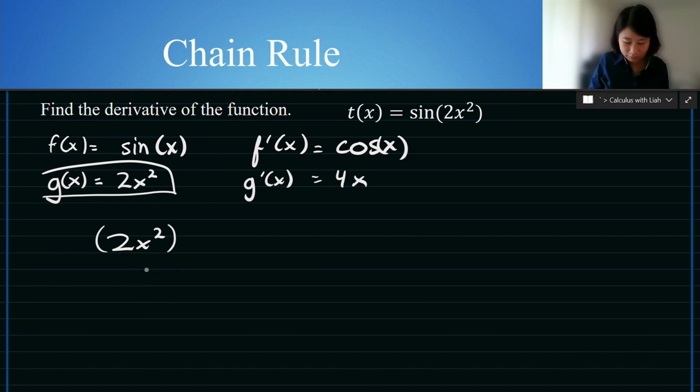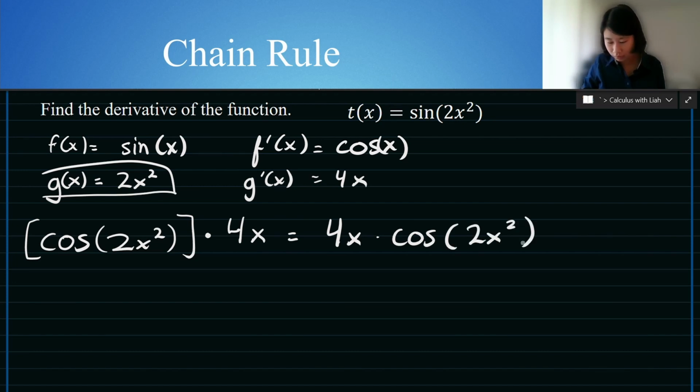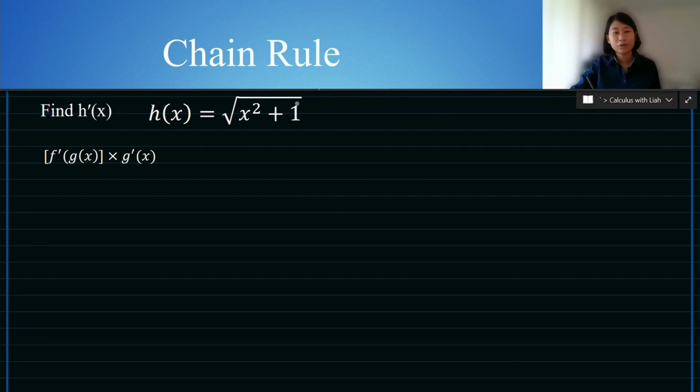Okay, and so all we have to write now is cosine before it, and all of this will be multiplied by the derivative of the inner function, 4x. Right, so let's multiply this, and this is going to be 4x times cosine of 2x squared.